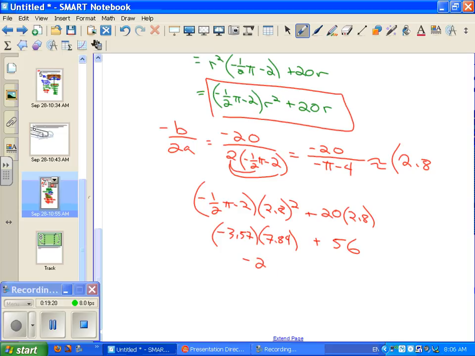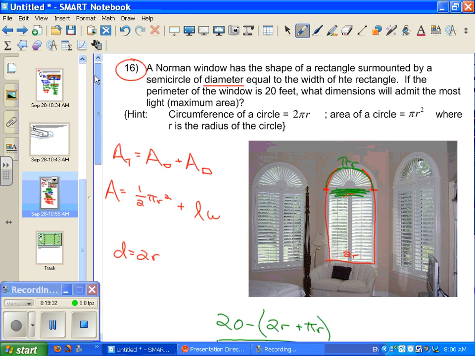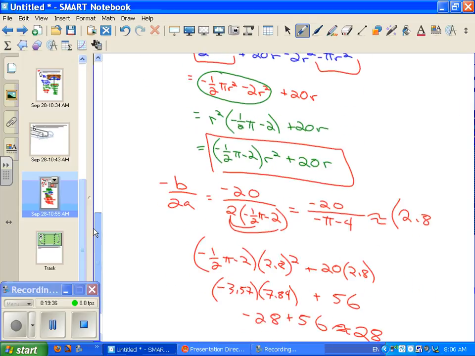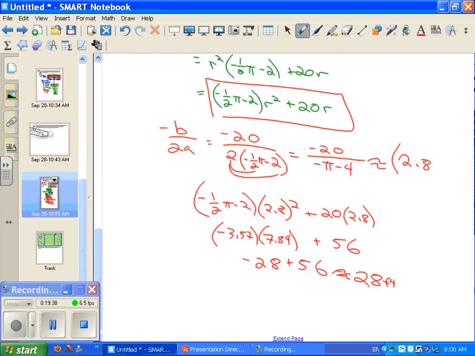Actually rounds to negative 28 plus 56. And I believe that was in feet, right? Feet. So this is going to be 28 square feet, roughly, of window.